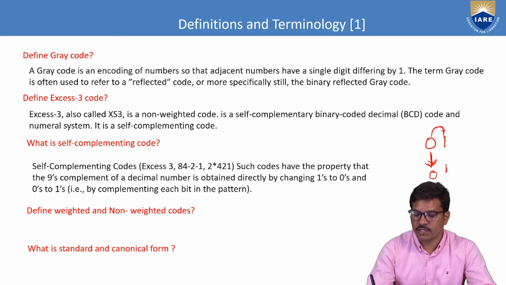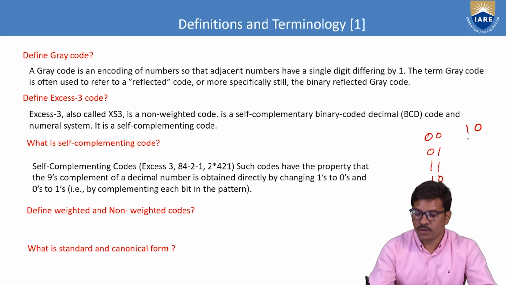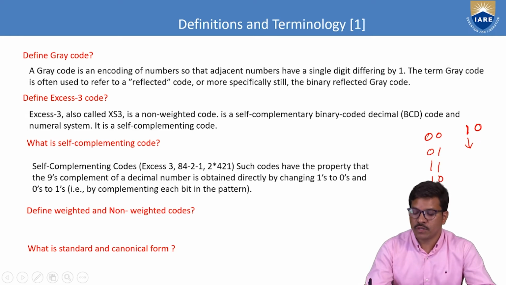The XOR operation is 1. Sorry for that. So the gray code of this one is 0 0 0 1 1 0 1 1.